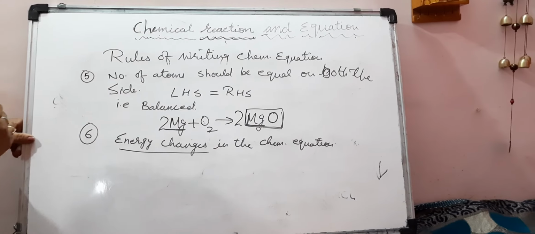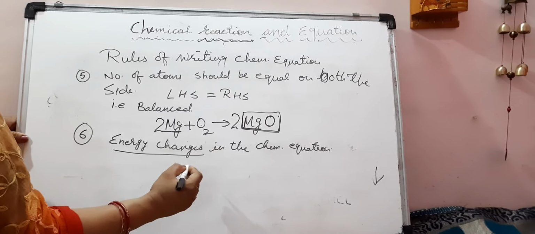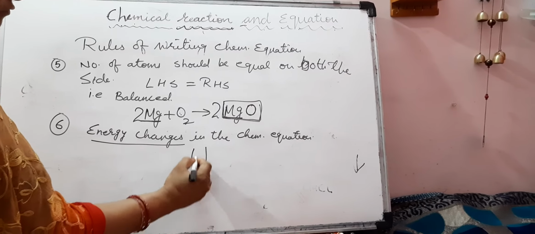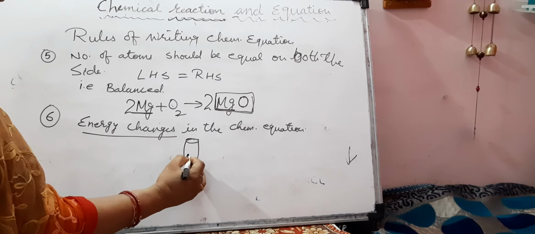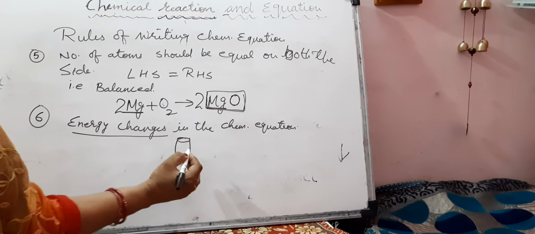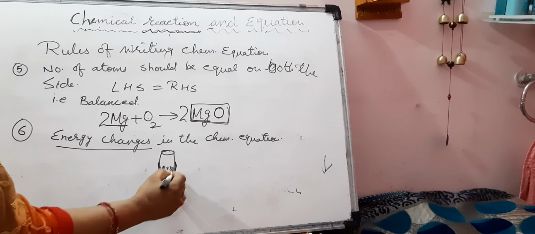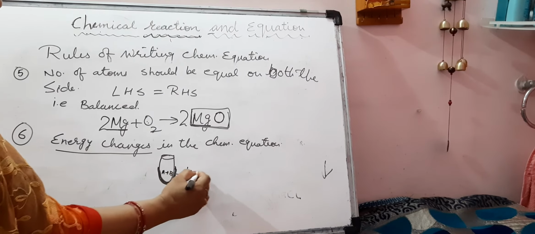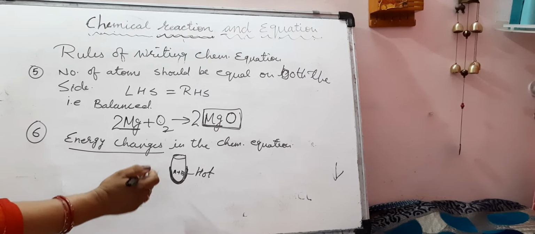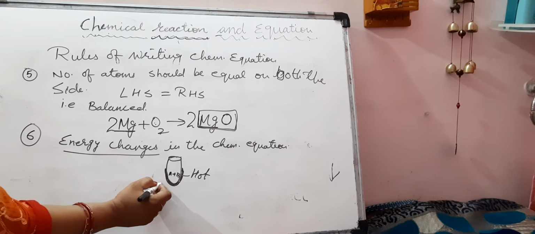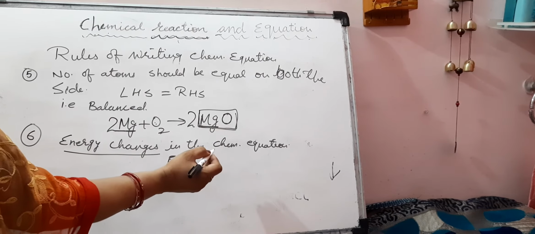In some reactions, energy evolves out. Suppose we are performing a reaction in a test tube, mixing A and B together, and we observe that the test tube becomes hot. Why is this test tube becoming hot? Because heat is evolving out. So this type of energy change should be mentioned while writing a chemical equation.